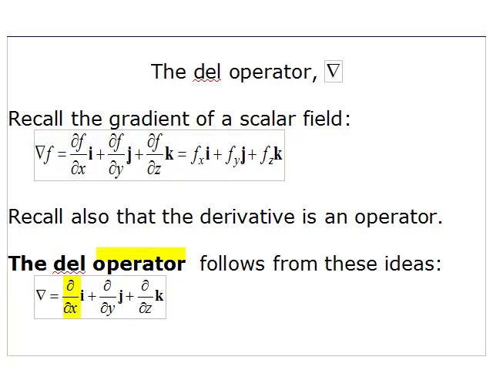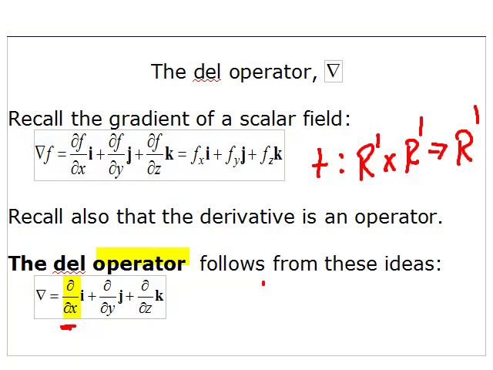What other operators do you know? You might think of the plus as an operator. What does addition do? Here's the symbol for it. Just like d by dx is a symbol for take the derivative with respect to x. Plus is an operator. It takes two numbers and operates on them, adds them up and produces another number.